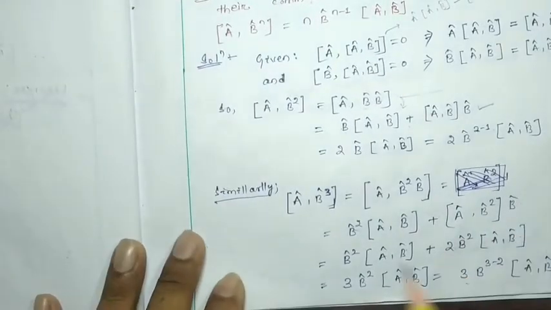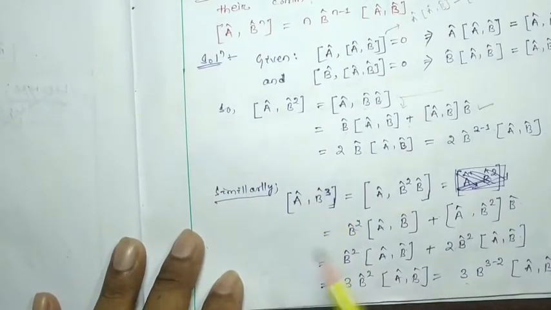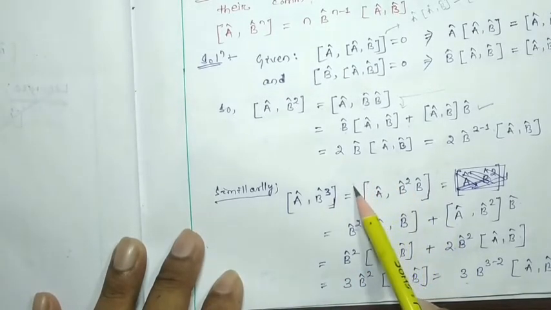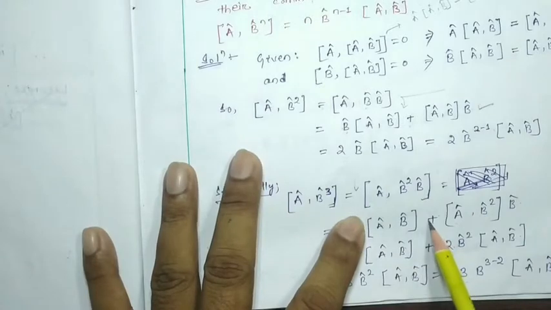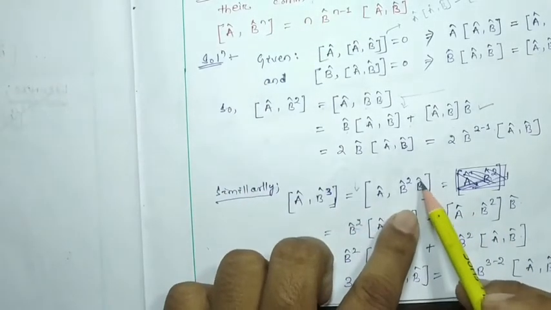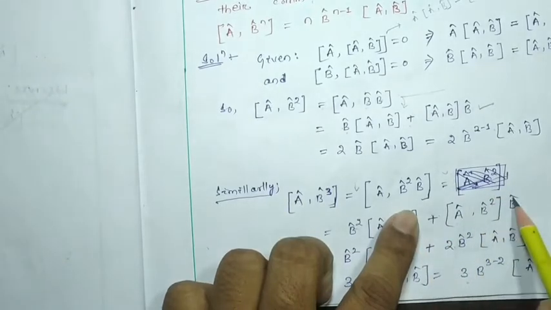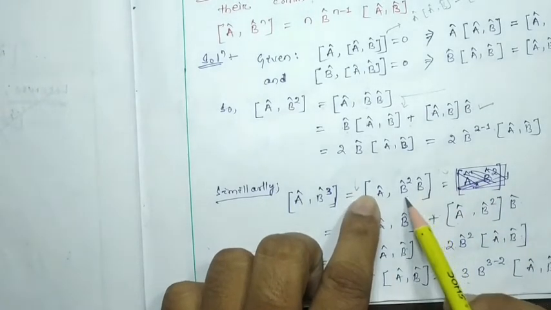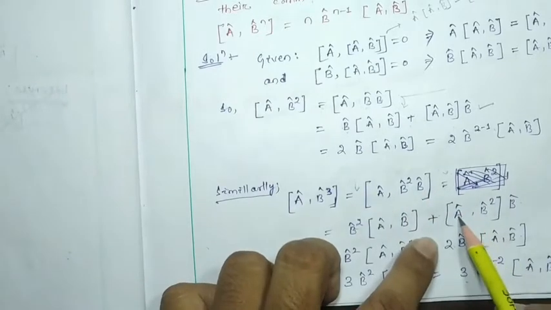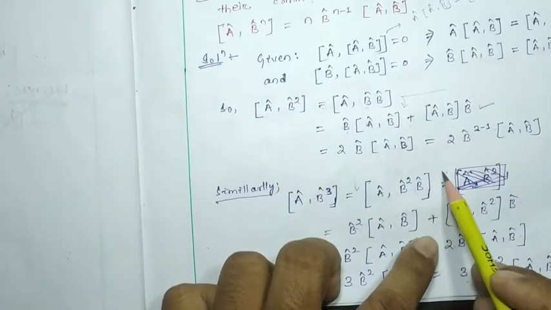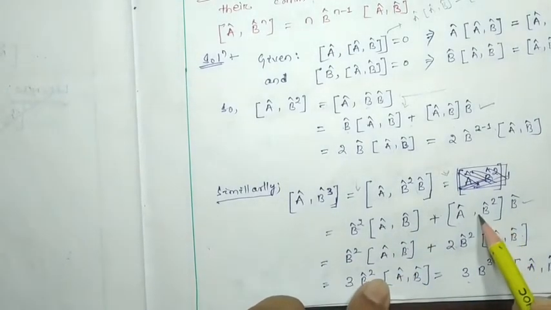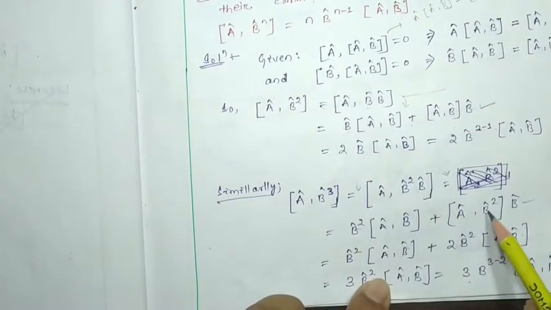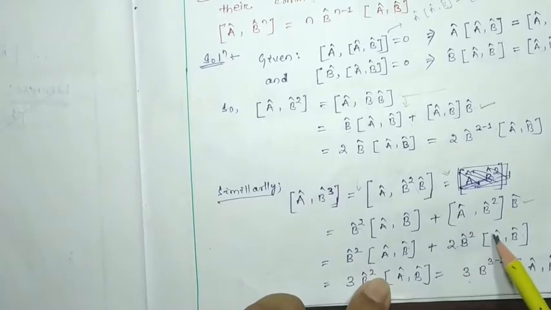Similarly, if we have [A cap, B cap cube], we can write [A cap, B cap square B cap]. B cap square first we have to take this side, then inside the commutation bracket will be A cap, B cap, then plus this B cap will be taken to this side of the bracket. The rest of the operators are [A cap, B cap square], and B cap is taken to the right side. Then again we know from above that [A cap, B cap square] is nothing but 2 B cap [A cap, B cap].